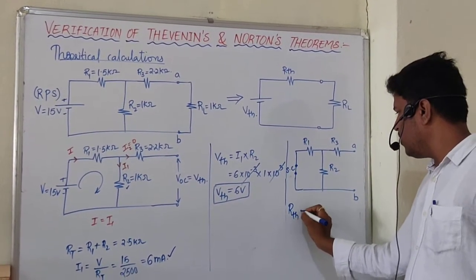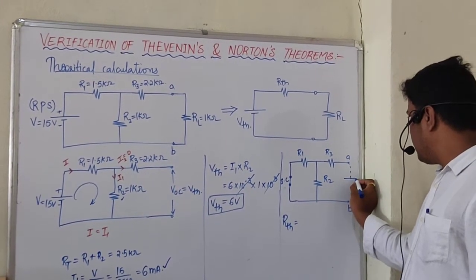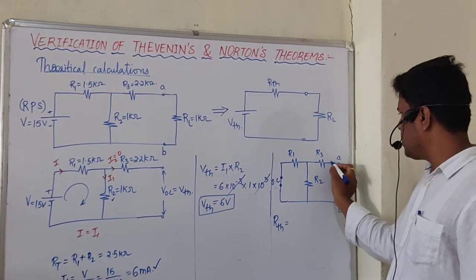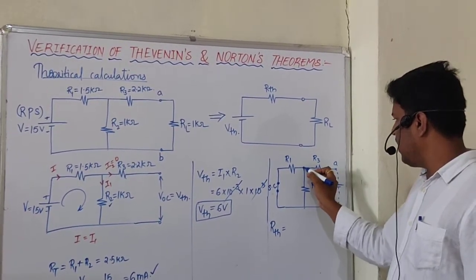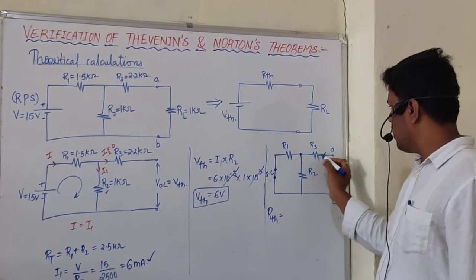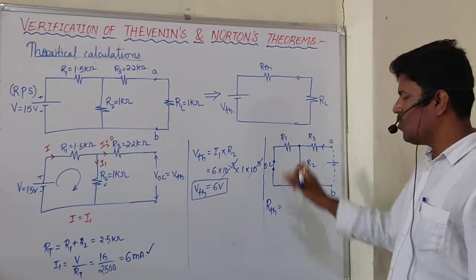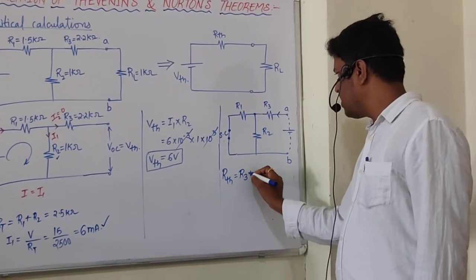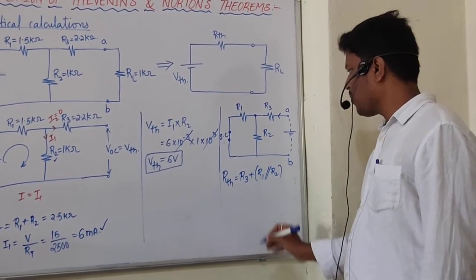So how to get RTH now? RTH is equal to, if we apply a voltage here, because of this voltage, current will be flowing in this circuit. So this current is dividing at this point. So here current is not dividing. We should consider this is connected in series and these two connected in parallel. So formula is R3 plus R1 parallel with R2, right?